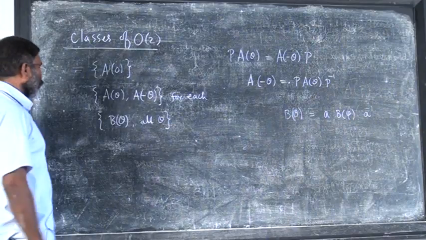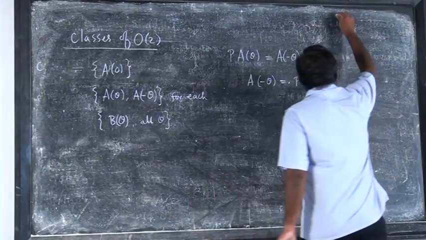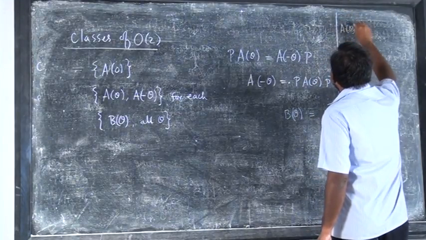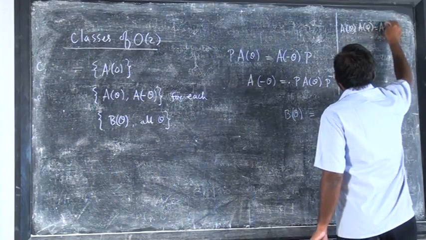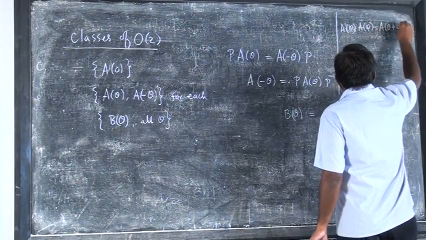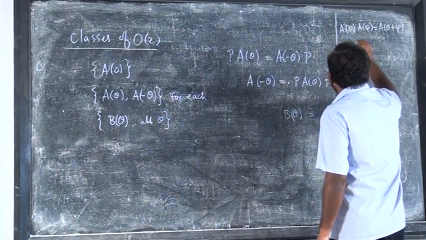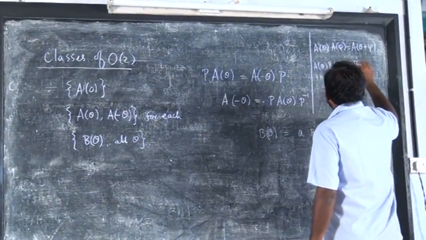Please remember what are the rules that we have. A of theta, A of phi is equal to A of theta plus phi. A of theta, B of phi is equal to B of theta plus phi.